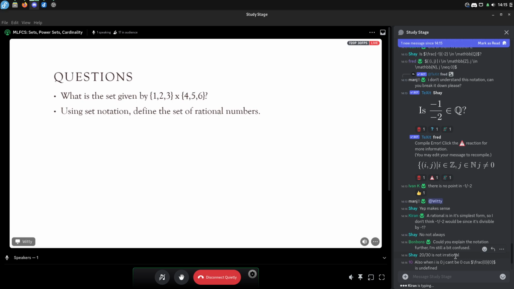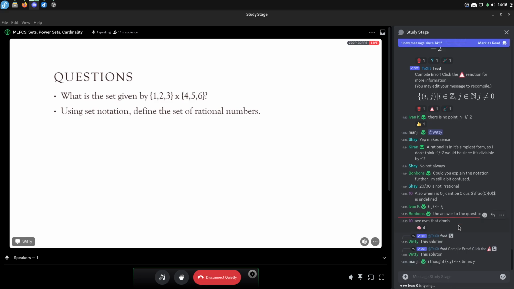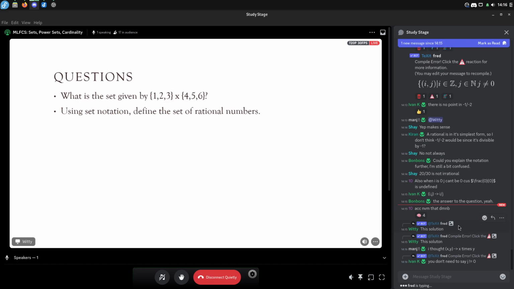Do you know that rational numbers can be represented as a quotient, right? So it's a division. Anything that you can represent as a fraction is a rational number. That's the definition. So if you have two things, one of them in the set of integers and the other in the set of natural numbers, you can represent any fraction, and therefore any rational number, but you just have to make sure that the denominator is not 0. Does that make sense? That's all we're saying over there.